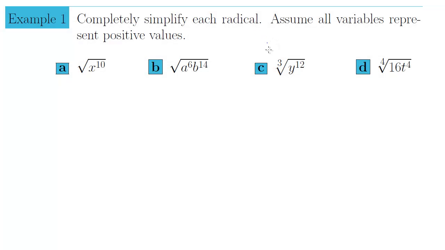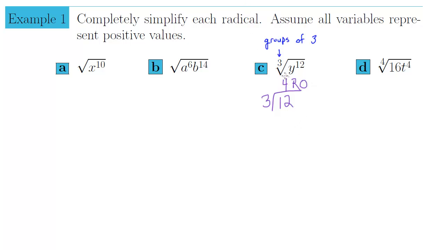For part C, we have to simplify the cube root of y to the 12th. So the only difference here is that we have to break our 12 y factors into groups of 3. To do that, I'm going to take my 12 factors and divide them or break them up into groups of 3. 3 goes into 12 4 times with no remainder.